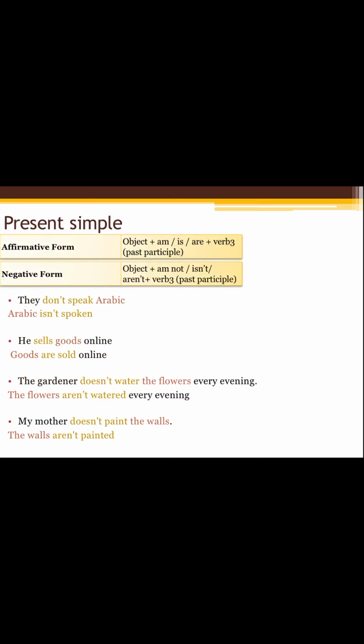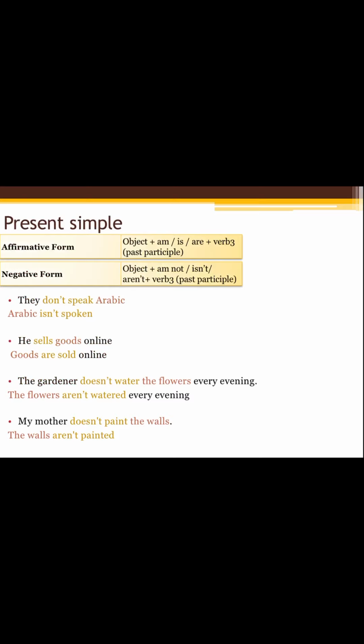Third example: the gardener doesn't water the flowers every evening. The gardener is the subject, doesn't water is the verb, the flowers is the object, and every evening is not. We said first noun, which means the flowers. We put the flowers at the beginning of the sentence. Here we choose one of the be family verbs, is, am, are.